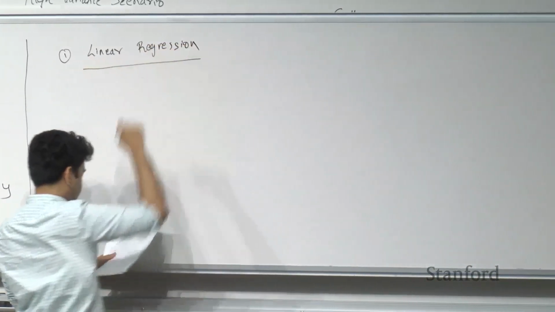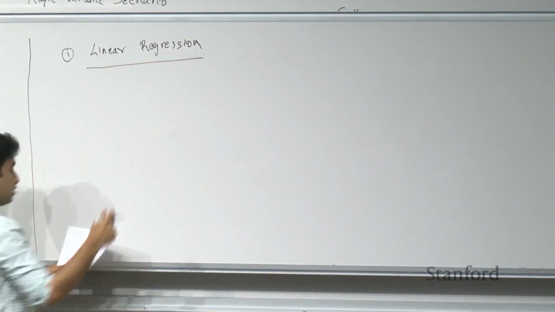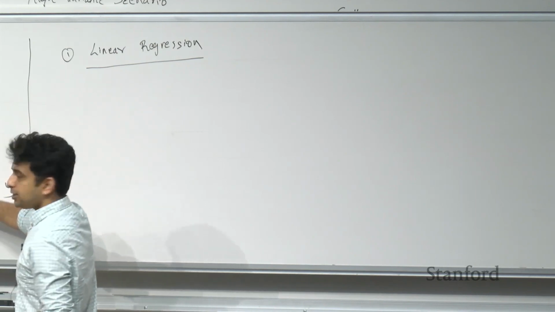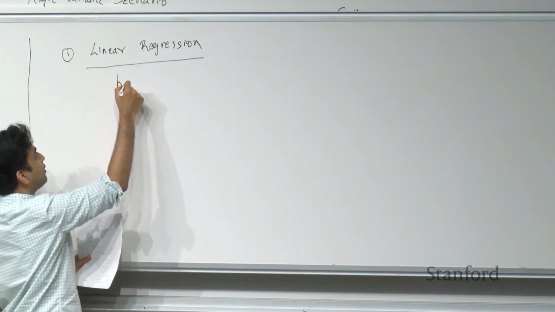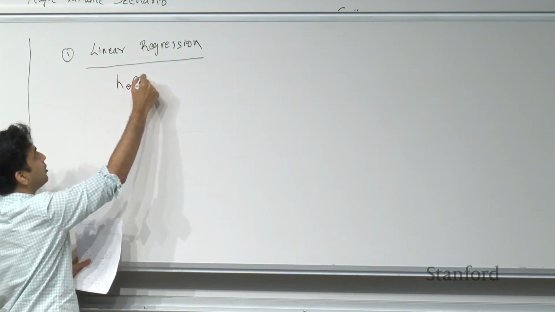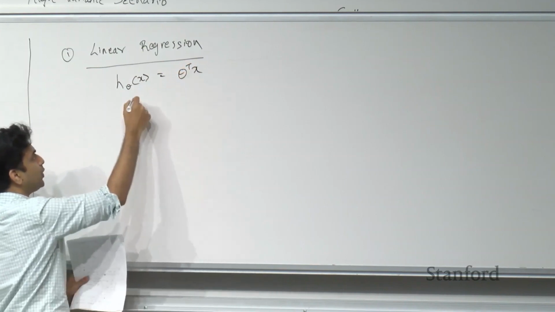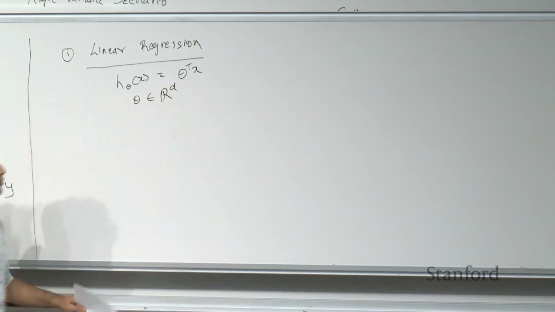Linear regression. Right? In linear regression, we assumed that the function h belongs to this parametric family where we defined it as h theta of x equals theta transpose x, where theta was some vector in Rd. Okay? And there's also this intercept term.